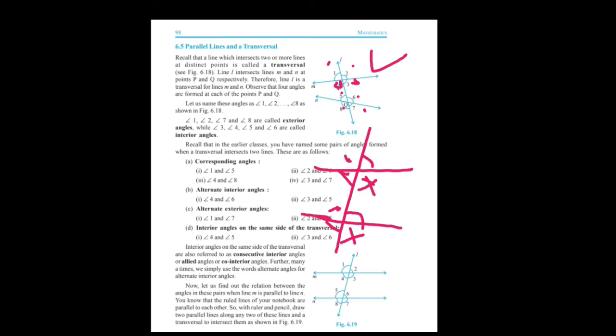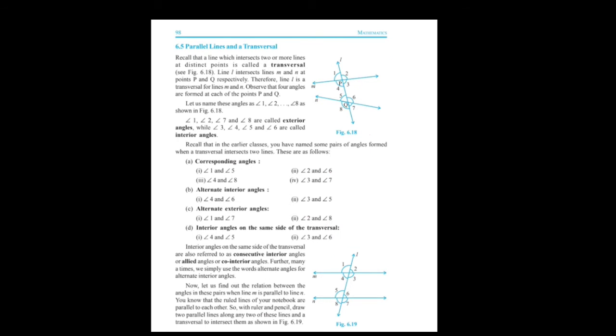Afterward, alternate interior angles. See, alternate interior angles are 4 and 6. See, in this figure it is given a Z shape, so this angle and these angles, and same like that here, two pairs of angles are alternate angles.